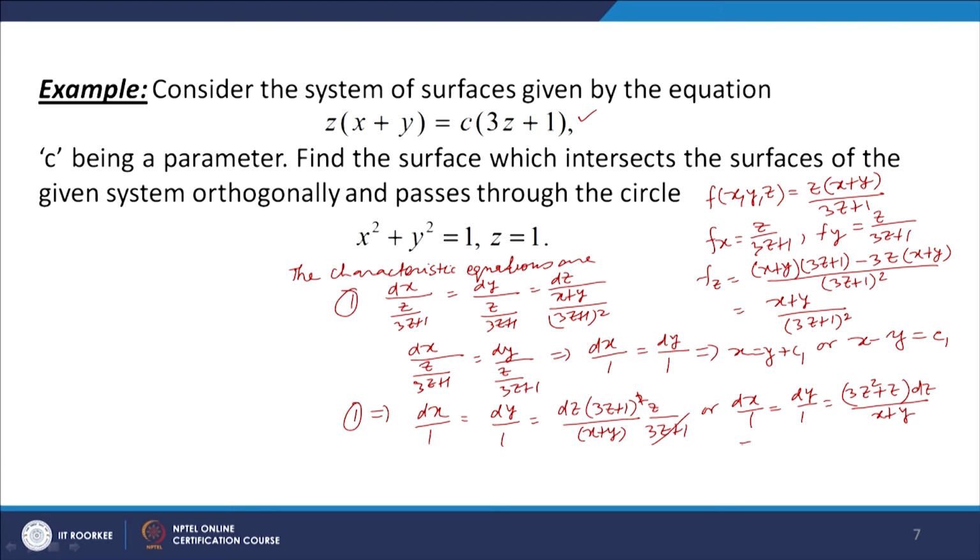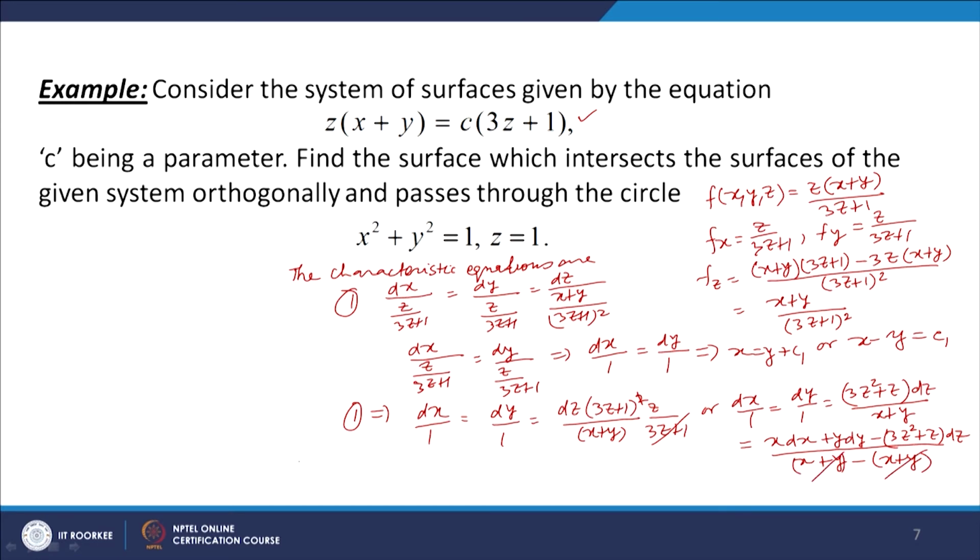Now, this is further equal to, multiplying by x, x dx, multiplying by y, y dy, and then I subtract, multiplying by minus 1, minus (3z square plus z) dz, and in the denominator we get x plus y minus x plus y, which cancels.